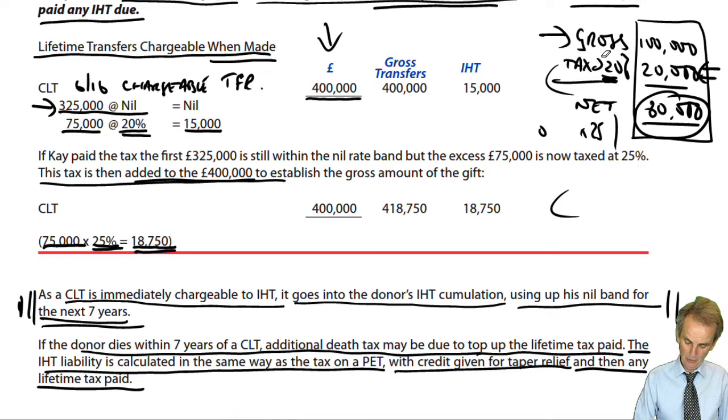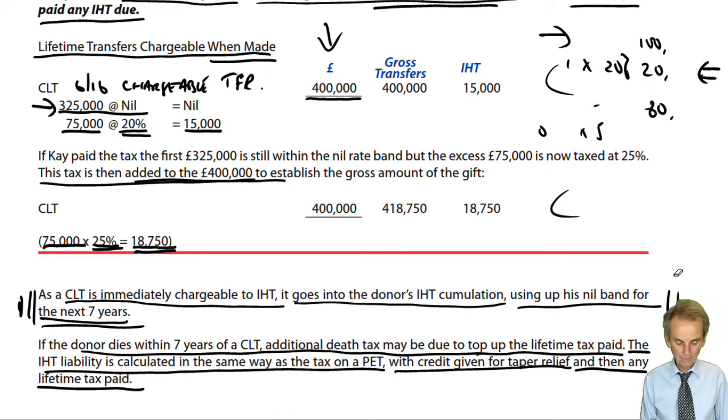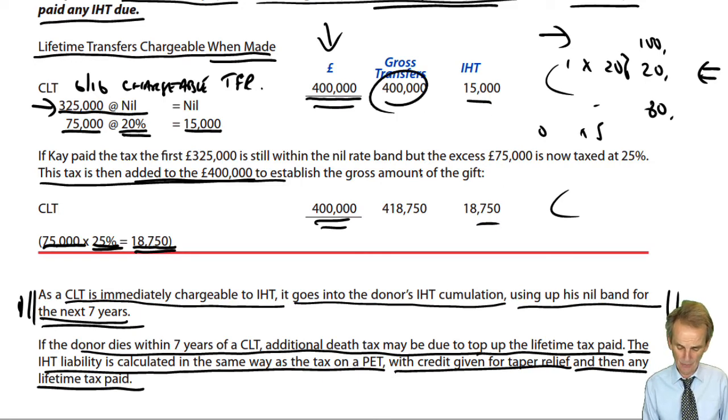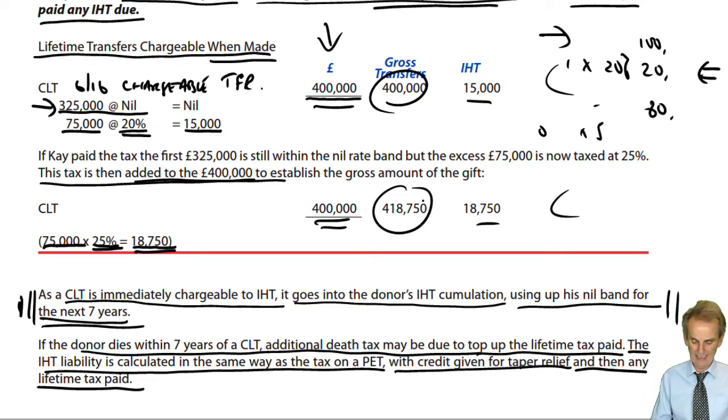Looking at our examples here, that here in June 16 there'd been this chargeable transfer of 400,000, exactly the same number whether or not the donor or the trustees paid the tax on that transfer. Based on whether it was gross or net, we computed the amount of tax and with it the gross amount of transfer. And that becomes a part of this accumulation exercise that we're doing here.